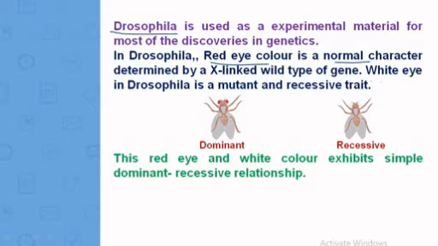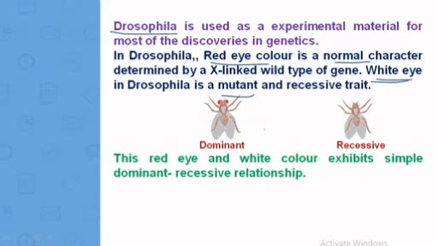The second color is white eye color in Drosophila. It is a mutant and recessive trait. As I have said, red eye color is the dominant trait, and white eye color is the recessive, or mutant, trait. The red eye color is the wild type allele, which gives rise to a mutant allele and produces the first mutant organism, the white eyed Drosophila.